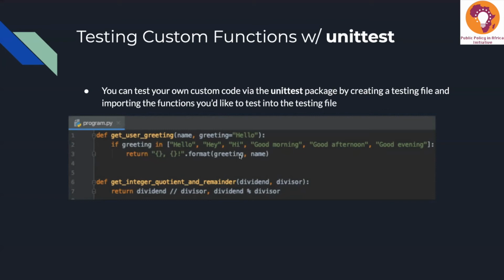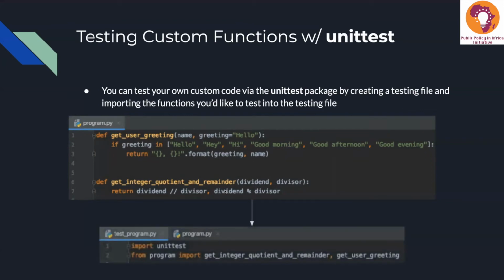These are the two functions that we now want to test in our own custom way, since this is our own custom written code. So then we can import. The first thing we'll have to do in our test program, and just a quick note on naming conventions here, oftentimes what you'll want to do in your testing file is name it test underscore the file that you're testing. So here I'm testing the program file, so I name it test_program.py.